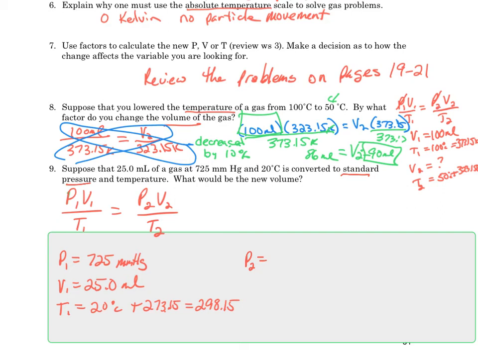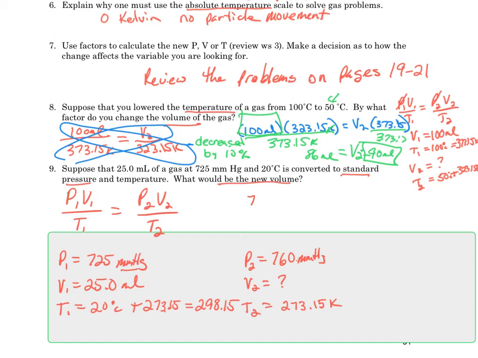So I'm going to use standard pressure that has millimeters of mercury. So that's going to be 760 millimeters of mercury. My volume 2 is my unknown. What would be the new volume? And my T2 is standard temperature, which I'm just going to grab the value in Kelvin so I don't have anything to convert. So now I'm ready to plug the numbers in the formula.